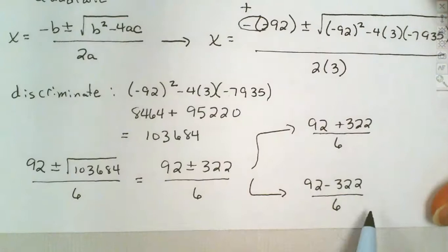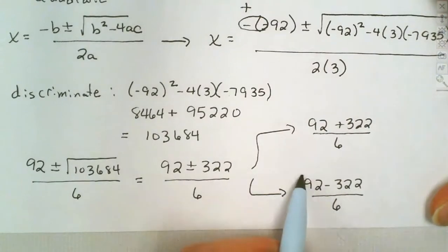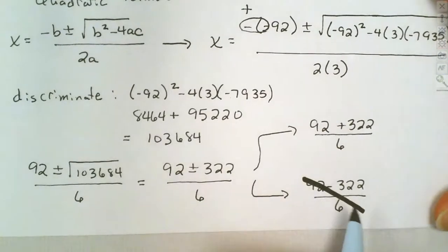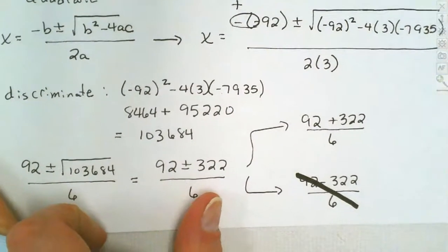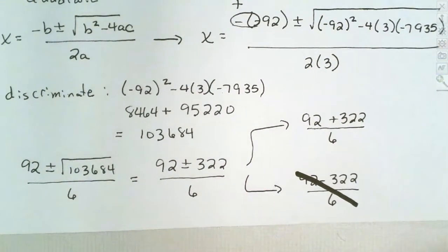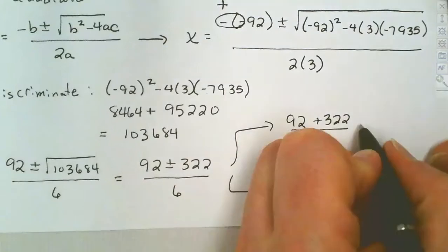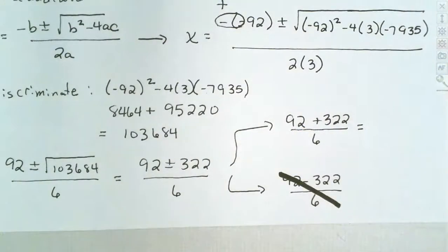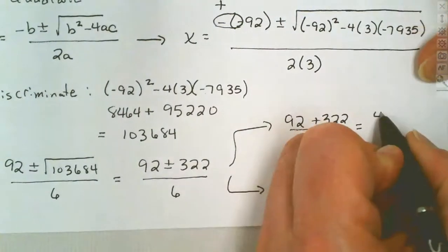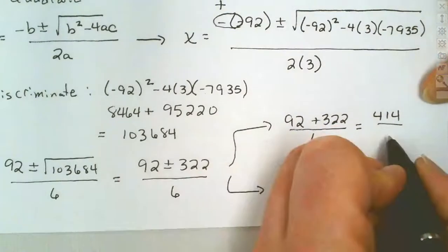Well, we can take it out because 92 minus 322, well, that would be a negative number. And we cannot have a negative height of that cliff, can we? So let's go ahead now and finish this out and get our final answer. We're going to round to the nearest tenth of a foot at the end. So we've got 92 plus 322. Well, that is 414 over 6.